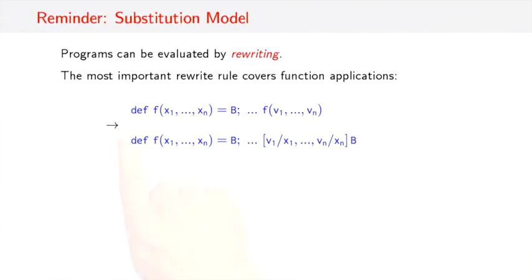It says that if you have a function definition, say a function f with parameters x1 to xn and body b, and then later on you have a call of the same function f with actual values v1 to vn, then the program can be rewritten by keeping the application and all the other program elements, but replacing the call by the body of the function b, where all the formal parameters x1 to xn are at the same time replaced by the actual values v1 to vn. So that was the central rule that we had for the substitution model.